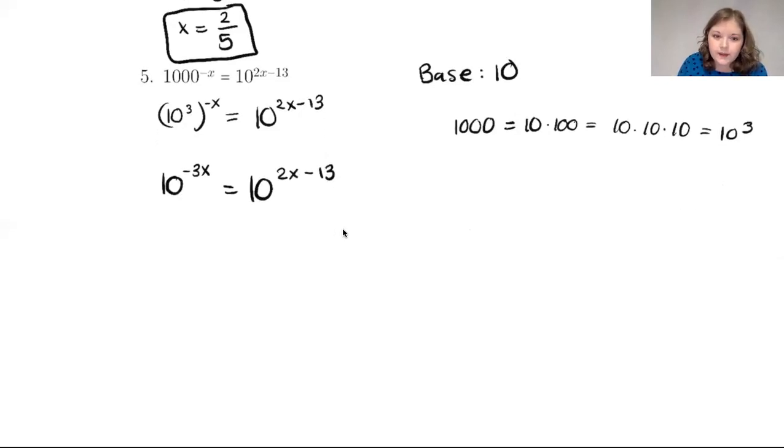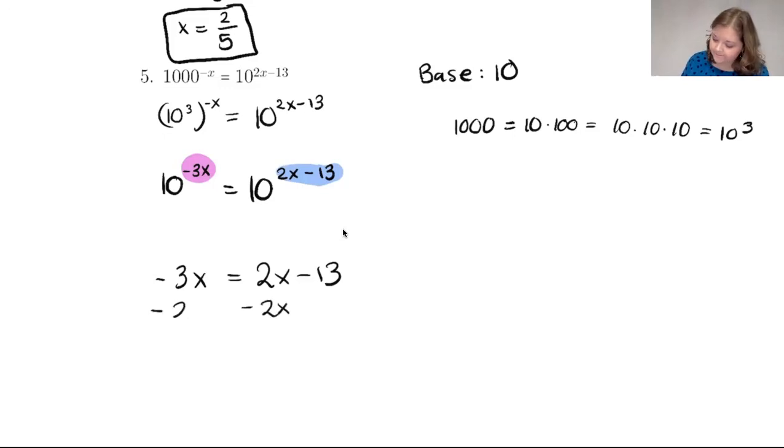So now we set our powers equal to each other. So negative 3x equals 2x minus 13. And we'll solve for x. So let's subtract that 2x and get our terms with x's together.